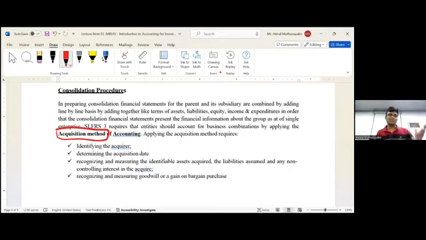I will discuss the acquisition method in a later part of the discussion. There are two methods: when you do associate accounts, you need to follow the equity method. When it comes to consolidation, you need to follow the acquisition method, right?